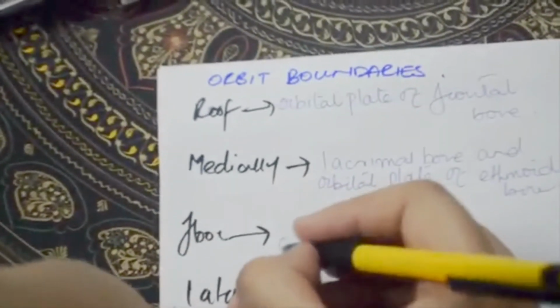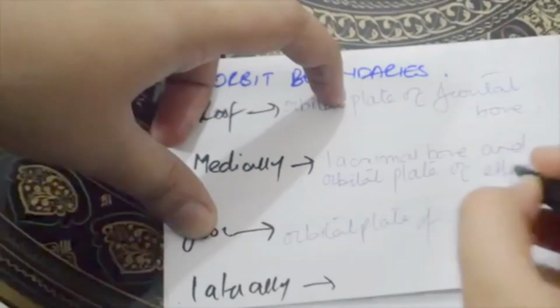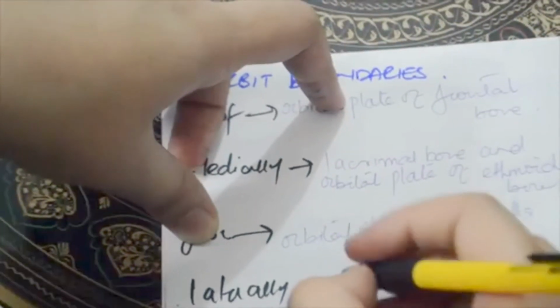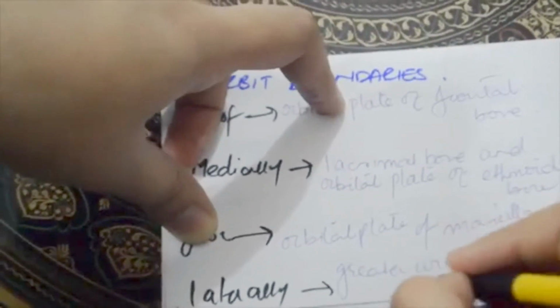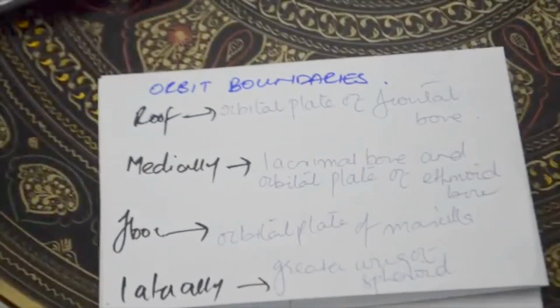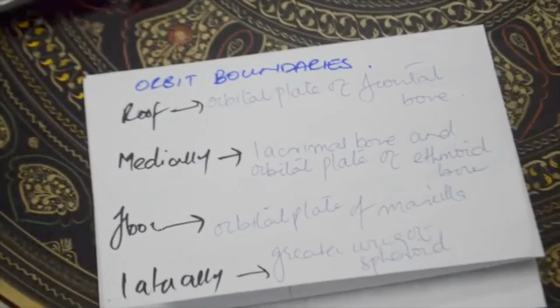The floor is formed by the orbital plate of maxilla, and the lateral wall is formed by the greater wing of sphenoid. As we did earlier, I showed you the lateral wall in the atlas as well, and I showed you the orbit in the atlas as well, so I'll show you the neat notes in a bit.